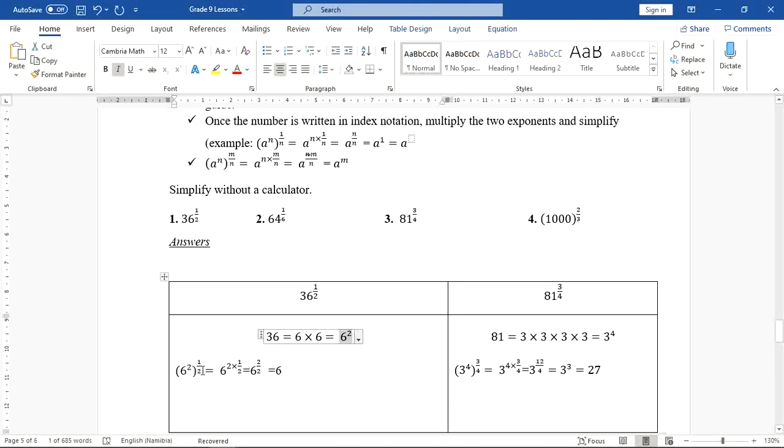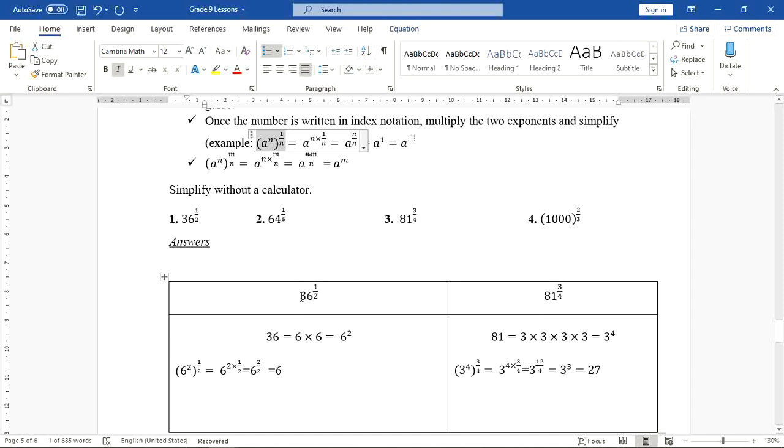Then we must multiply this little exponent here with the fractional one. So 2 times a half will give us 2 over 2, and 2 over 2 is none other than just 1. So 36 exponent 1 over 2 is equal to 6.